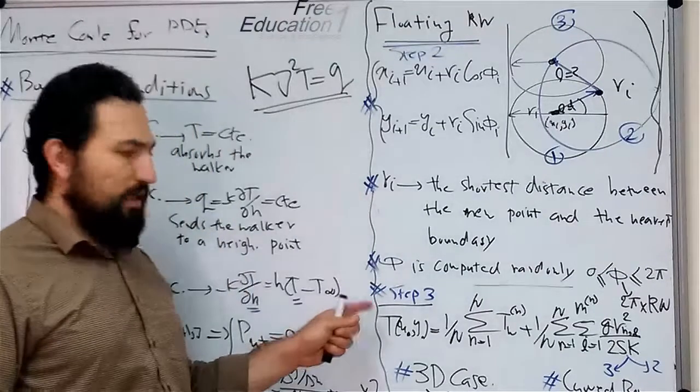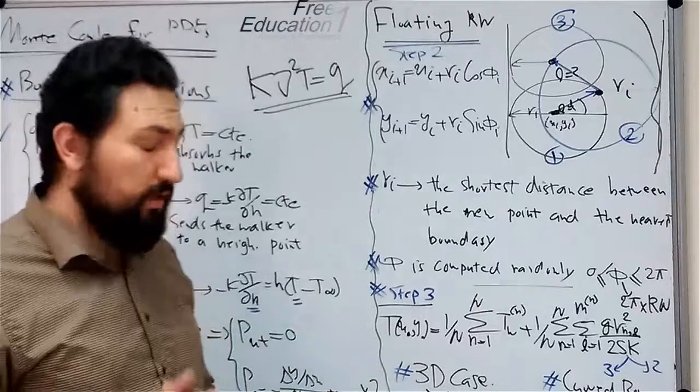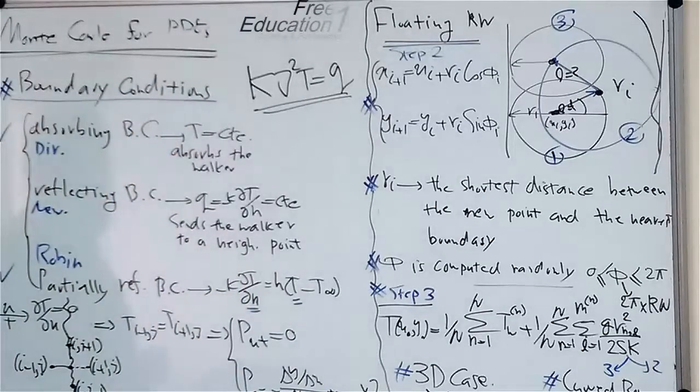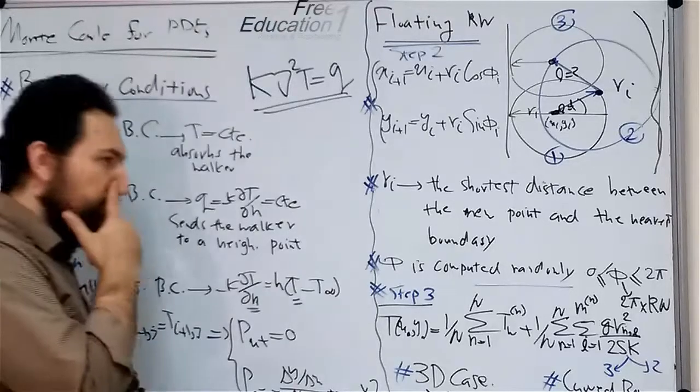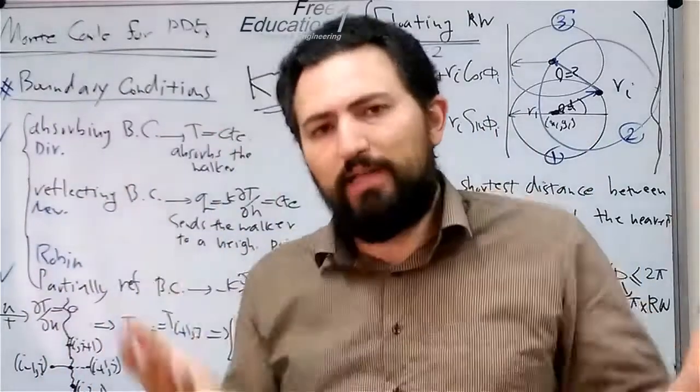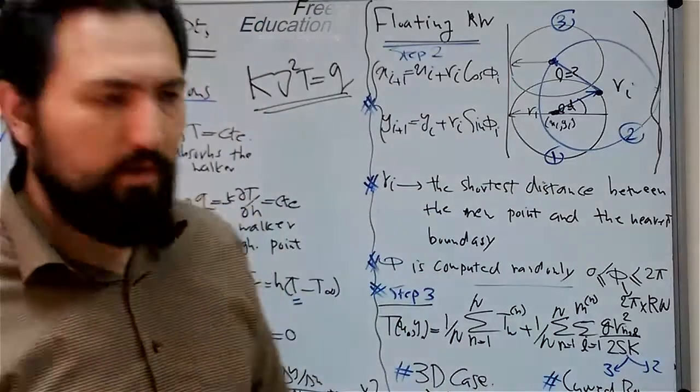And the final step, or the third step of the Monte Carlo method, is to compute the temperature of the initial point based on the wall temperatures obtained at the end of n random walk processes starting from that point.